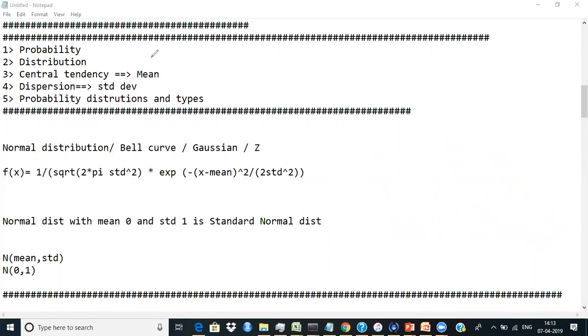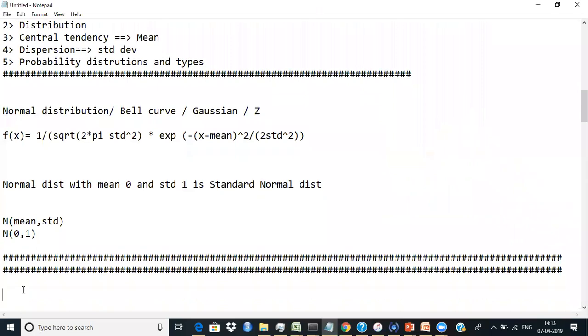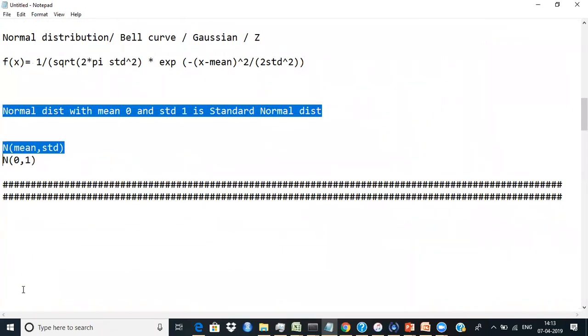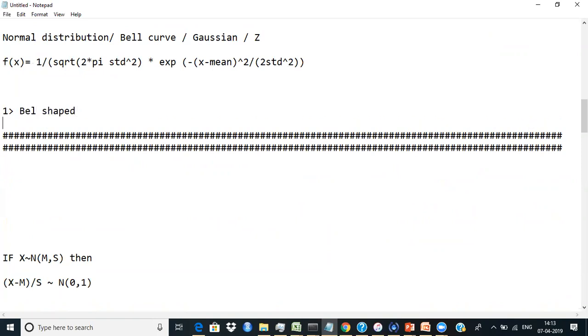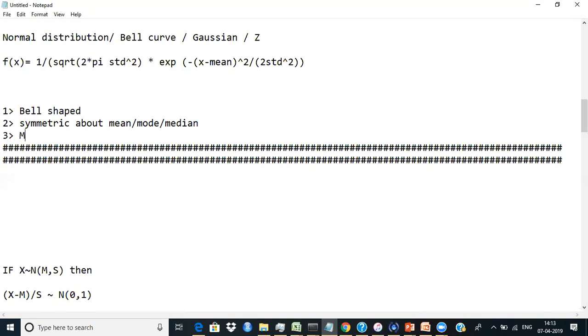Now, we talked about certain properties of the normal distribution. What are those properties? First property is very simple: it's bell shaped. Second property is it is symmetric about the mean. The mean, median, and mode are the same.